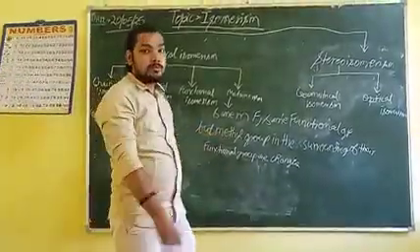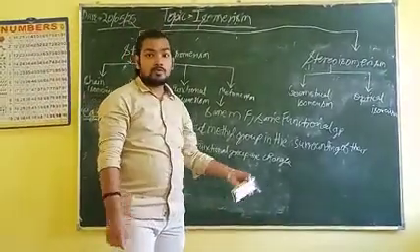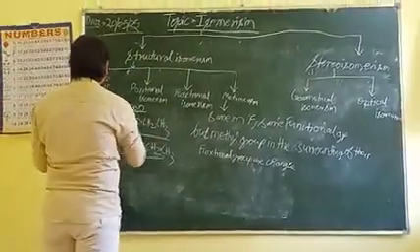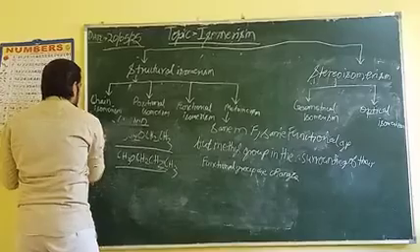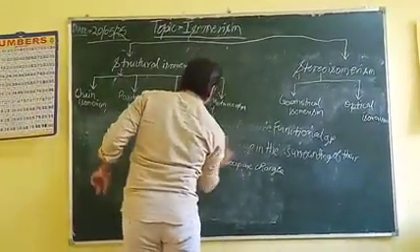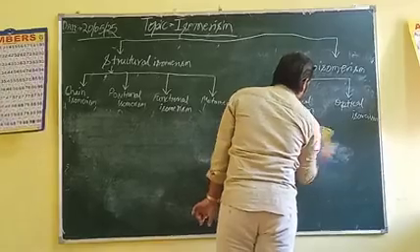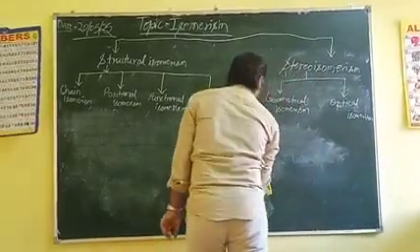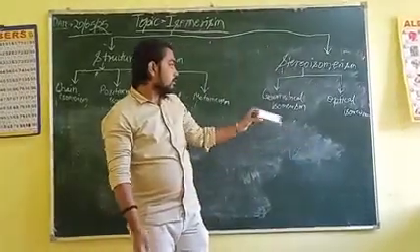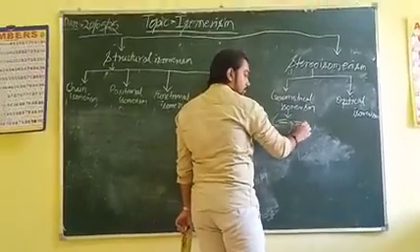Optical isomerism we will study in class 12, and geometrical isomerism we have to study now. In geometrical isomerism, there is a double bond or a triple bond.